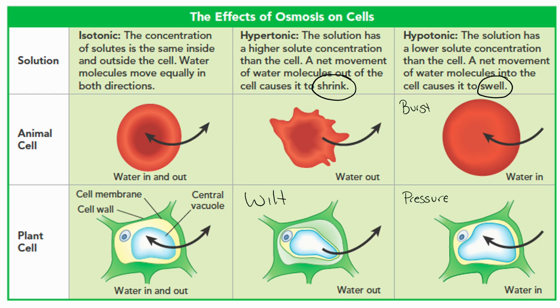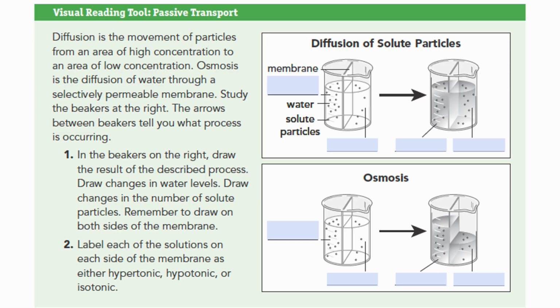So plant cells will never burst because they have this very rigid cell wall that prevents the cell from bursting and getting any bigger than it needs to. So different solute concentrations inside and outside of the cell can lead to the net loss or net gain of the water molecule.